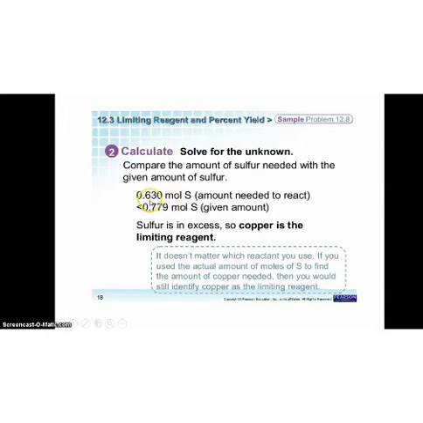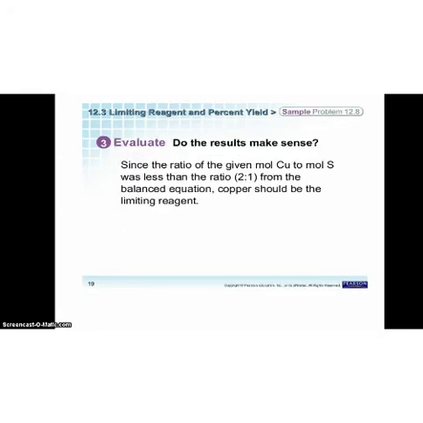From the balanced equation we found 0.630 mole of sulfur is needed, and the given amount of sulfur is 0.779 mole. So sulfur is present in excess and copper is the limiting reagent. From this we can find the limiting reagent of a reaction.